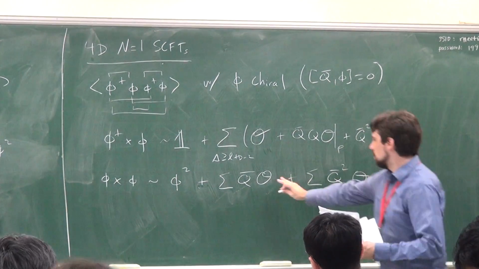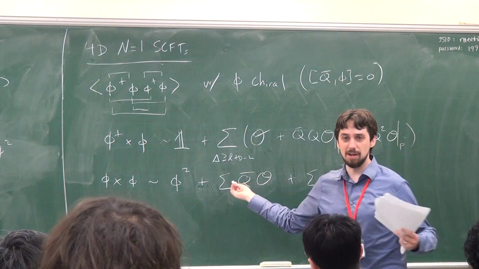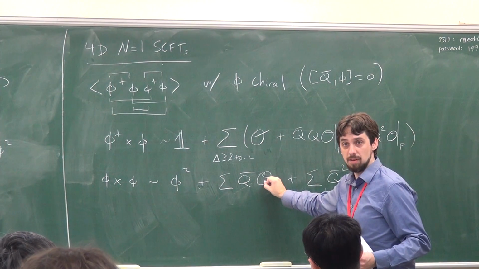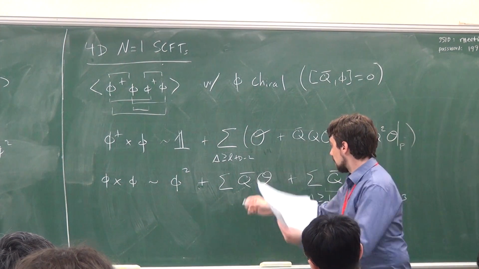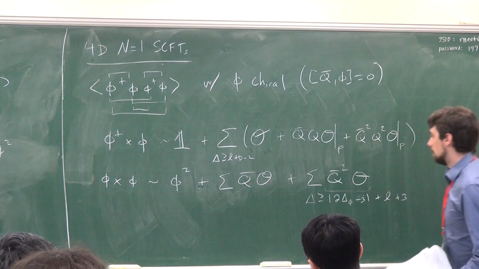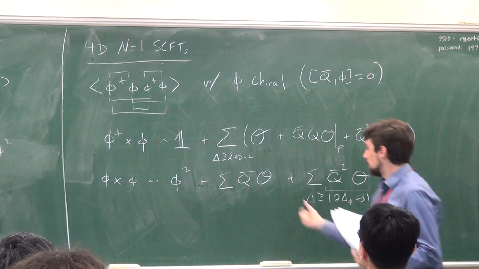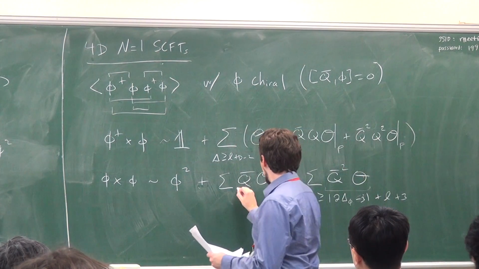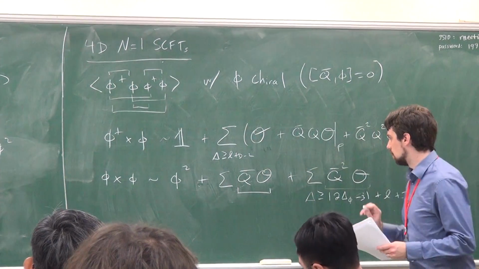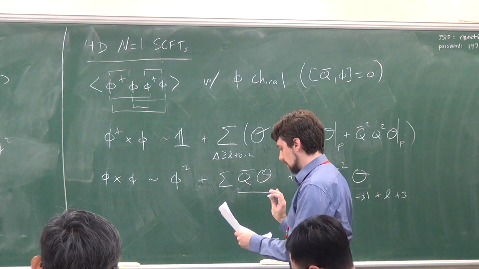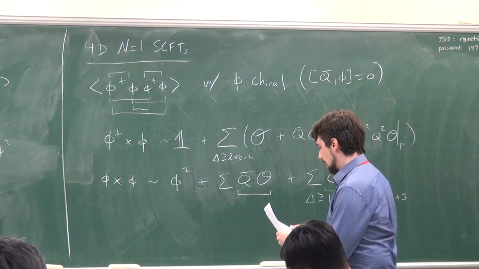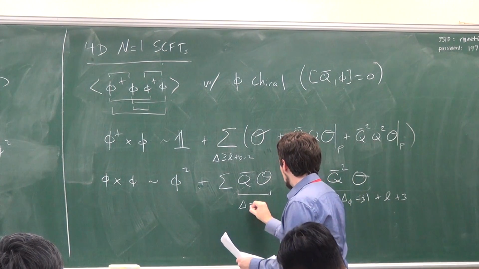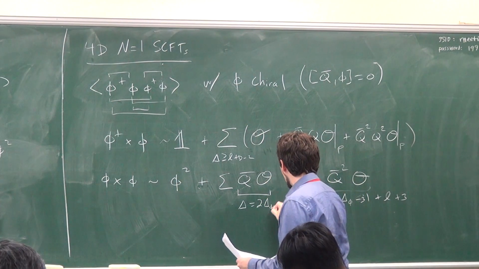And in general, something of this form won't be annihilated by Q bar, but there are certain protected operators that satisfy a BPS condition such that this combination will be annihilated by Q bar. So I probably don't have time to go through that in great detail, but because they're protected operators, their dimensions are fixed.